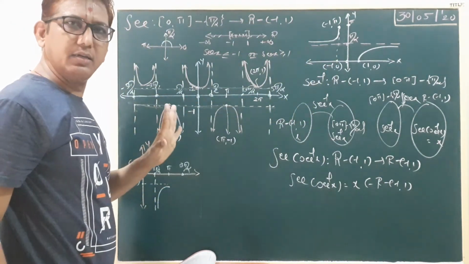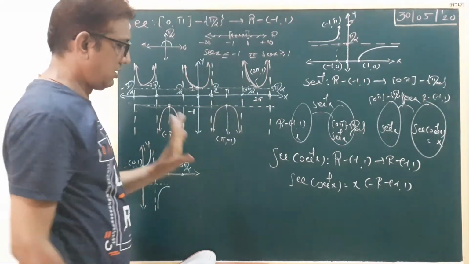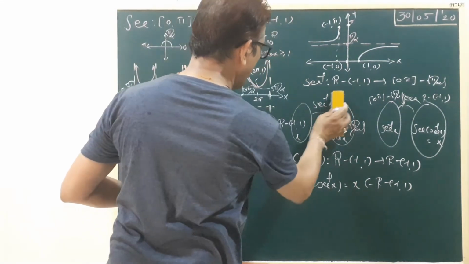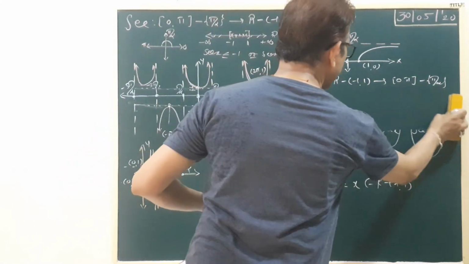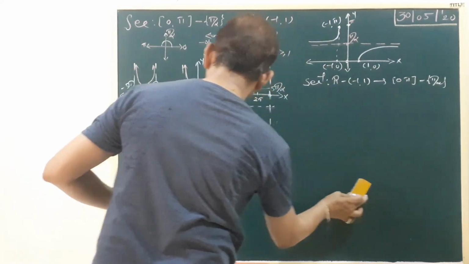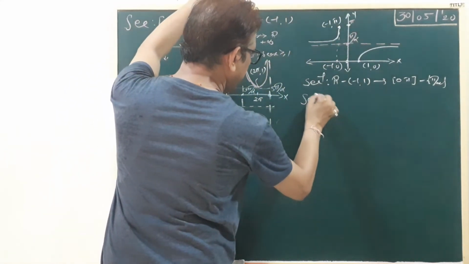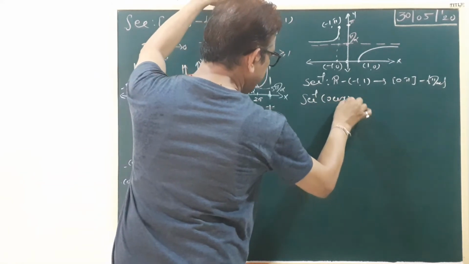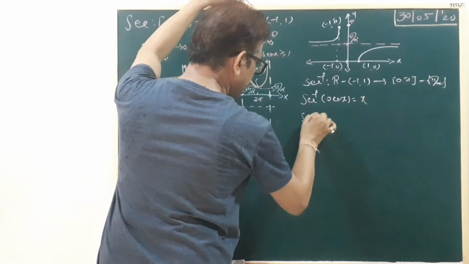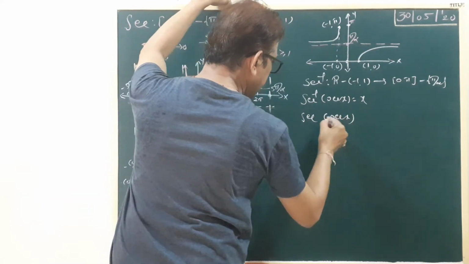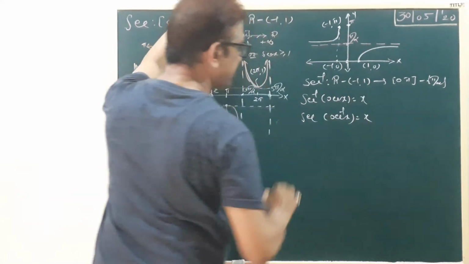So sec of sec inverse x equals x, where x belongs to R minus (minus 1 to 1). Is that clear? Okay. Now we write two formulas: sec inverse of sec x and sec of sec inverse x. Look here. Sec inverse of sec x, answer x. Sec of sec inverse x, again answer x.